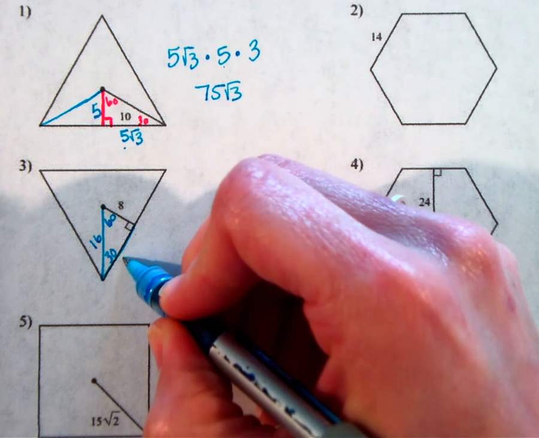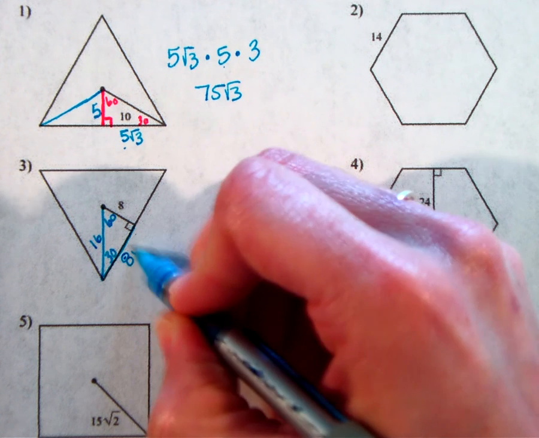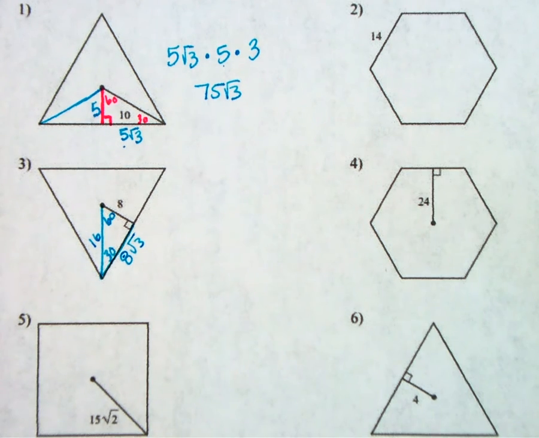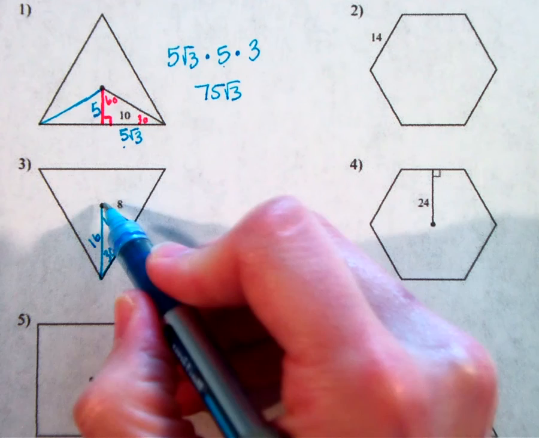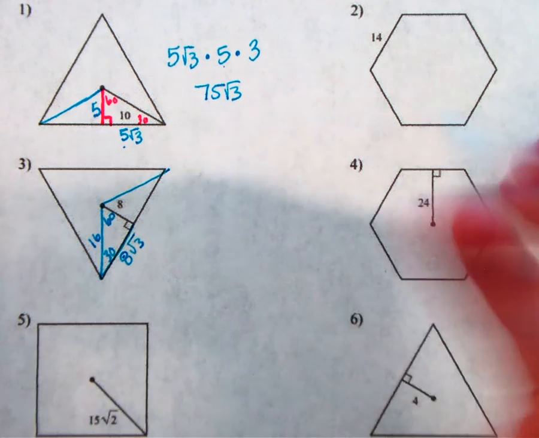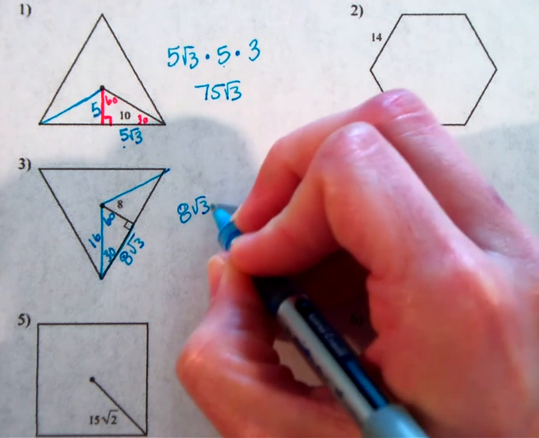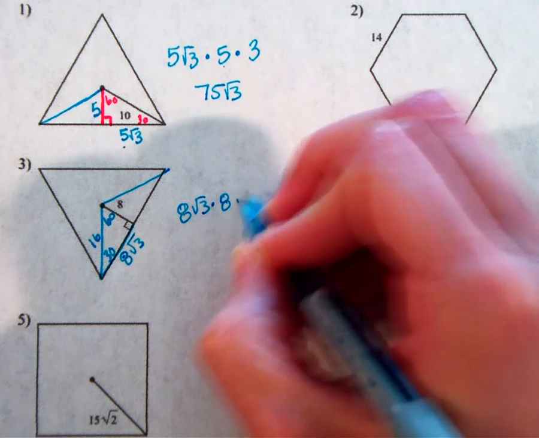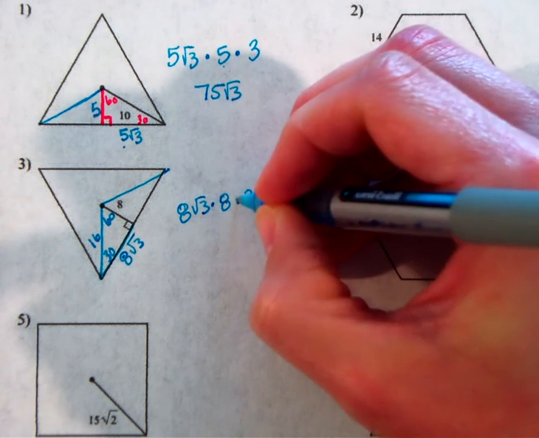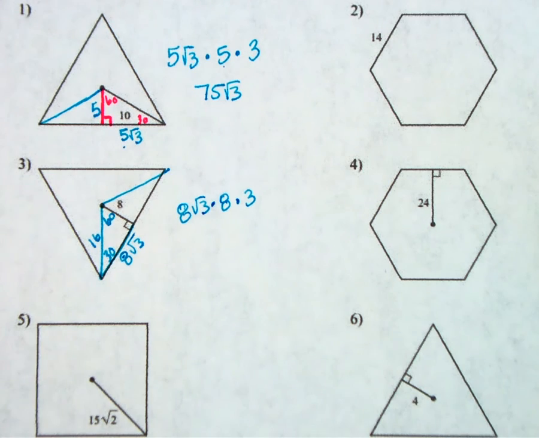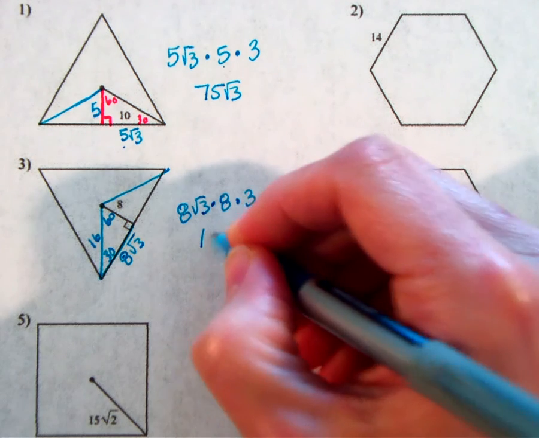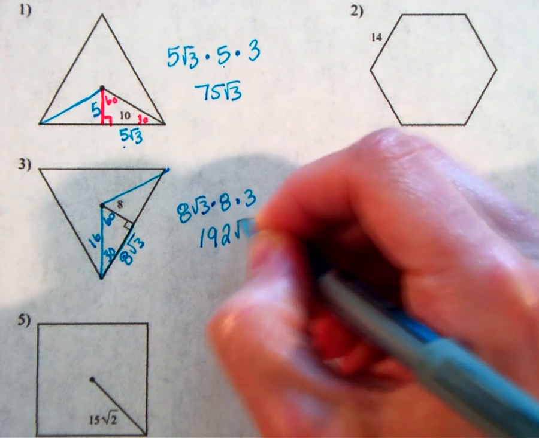But this side here would be my radical 3 side, which would be 8 radical 3. If I make this triangle, half of my side length would be my 8 radical 3. Multiply that by my apothem times my number of sides. So 8 times 8 is 64, and if I multiply 64 times 3, I get 192 radical 3.